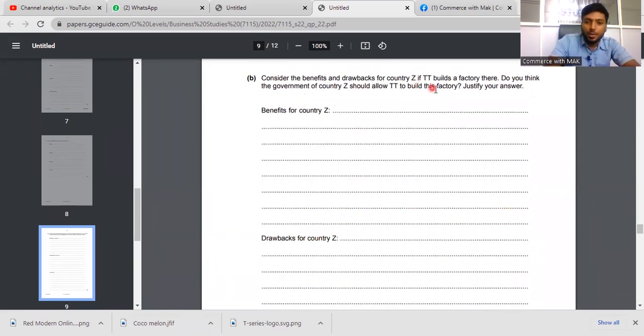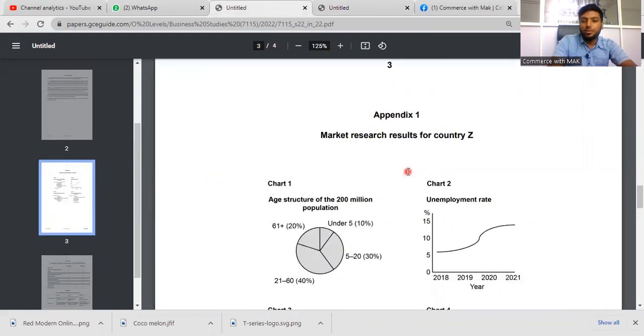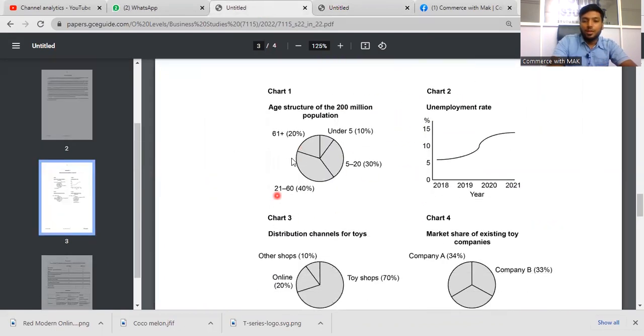Consider the benefits and drawbacks for country Z if TT builds a factory there. Do you think the government of country Z should allow TT to build this factory? Justify your answer. Before we look at the benefits and drawbacks, we need to go to the case study to have an idea of what is happening in that particular country. We have a good understanding of the population and the unemployment rate, which I can use in this answer because 15% of people are unemployed.